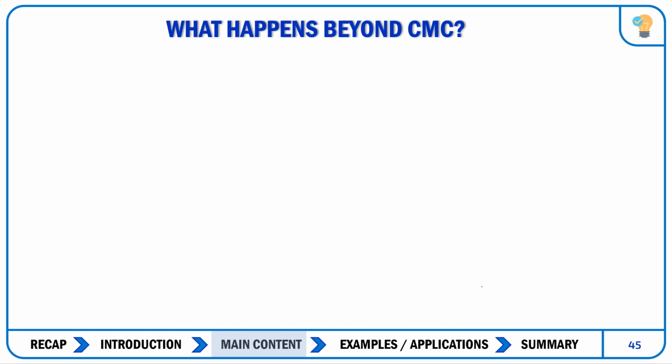So we've talked about meeting the CMC. What happens if we surpass the CMC? So let's quickly draw what happens when we reach the CMC. Essentially what's happening is this.